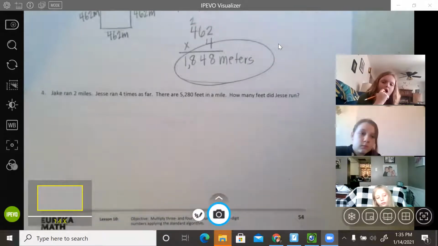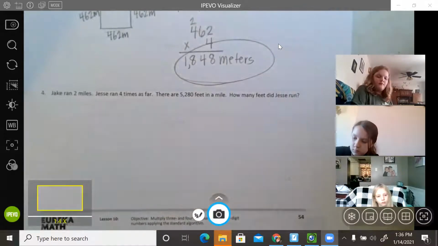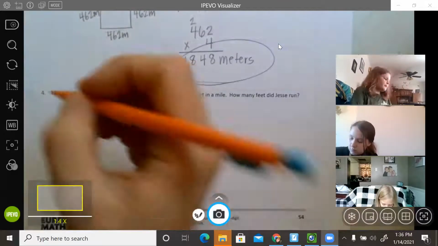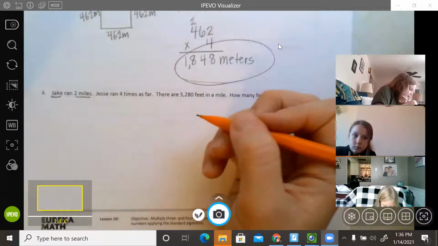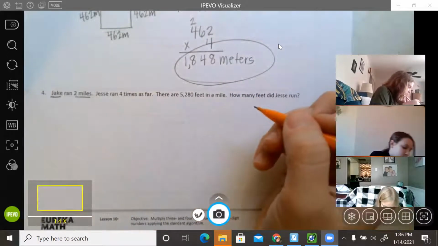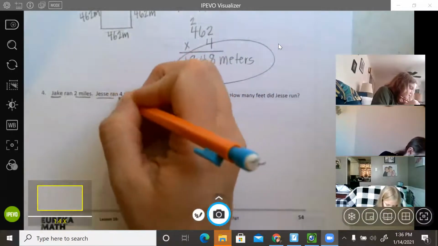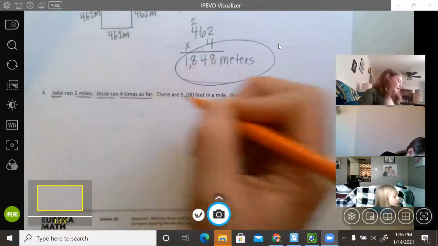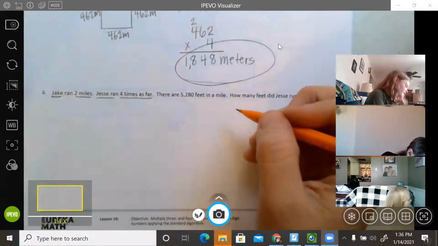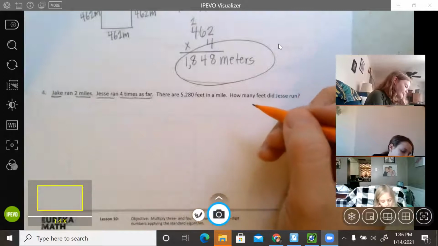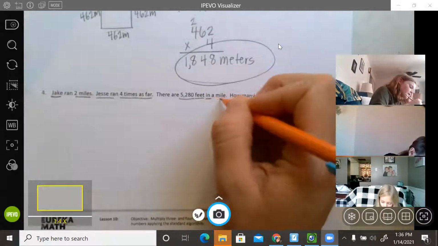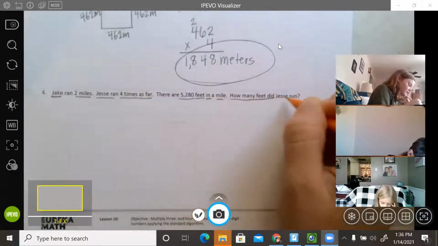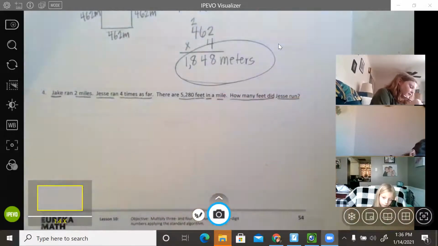Okay, Tanya, what should I underline here? What's important? Jake ran 2 miles and Jesse ran 4 times as far, not 4 miles. And there are 5,280 feet in a mile.